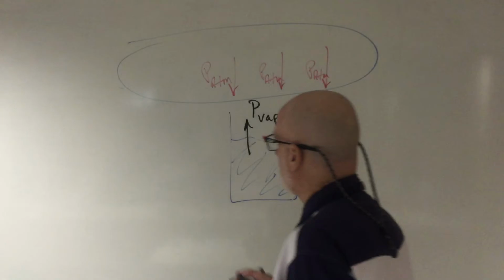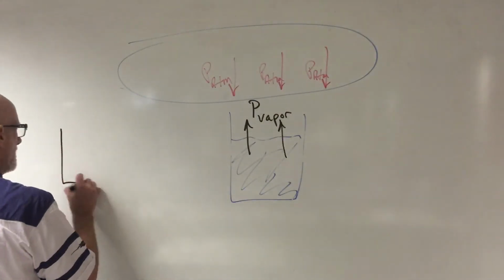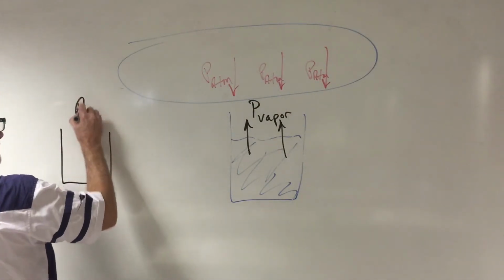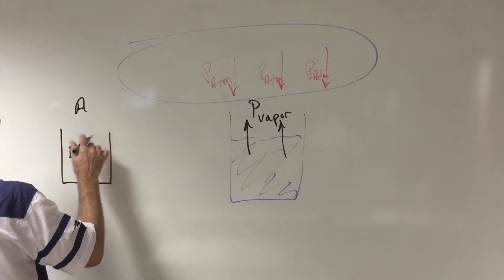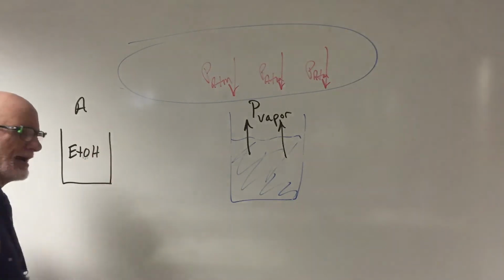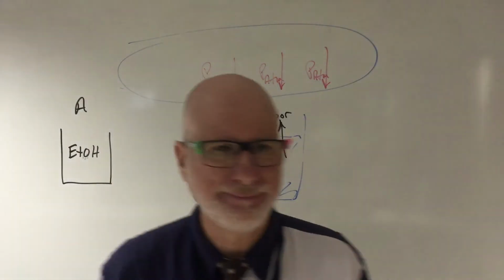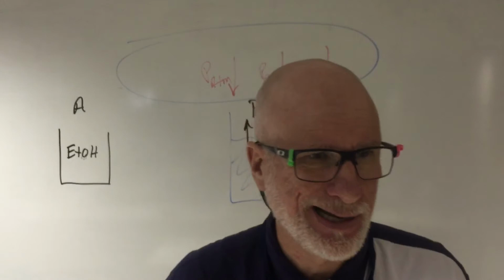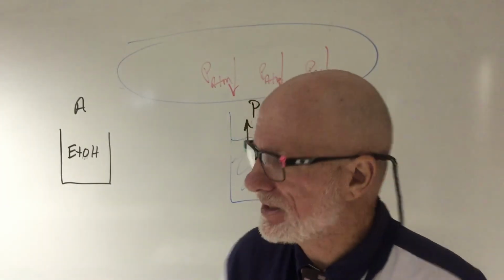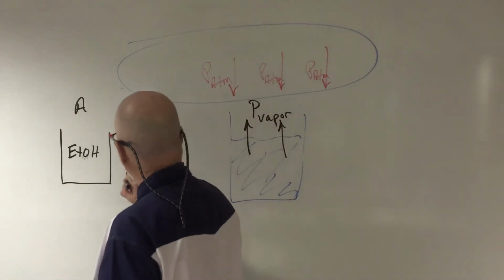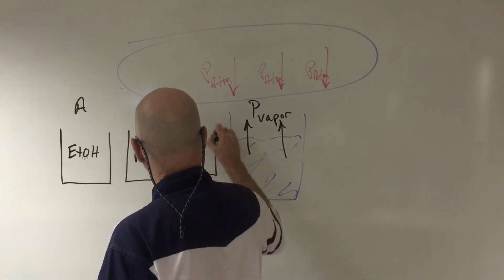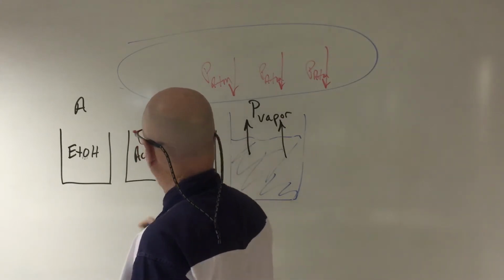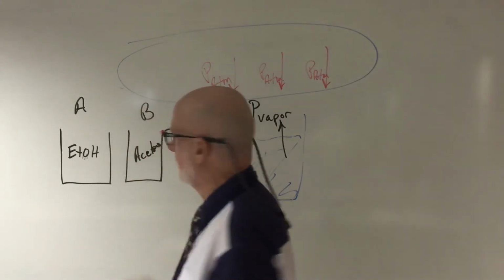In other words, this is A, ethyl alcohol, rubbing alcohol. You may think rubbing alcohol is like isopropyl alcohol. It doesn't matter. It's medicinal use, not for drinking. Okay, good. And this is acetone. And this is water. A, B, and C.